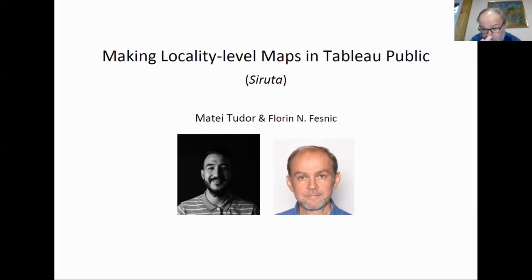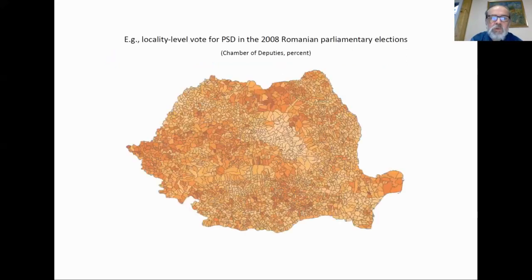Anyways, having said that, the example that we will discuss would be locality level vote for PSD, that's the Social Democratic Party Romania, in the 2008 Romanian parliamentary elections.